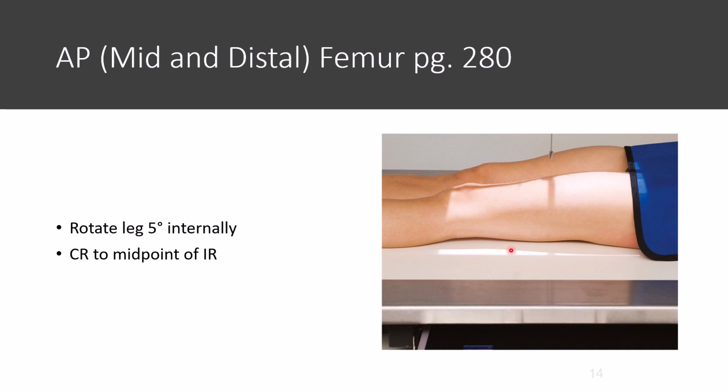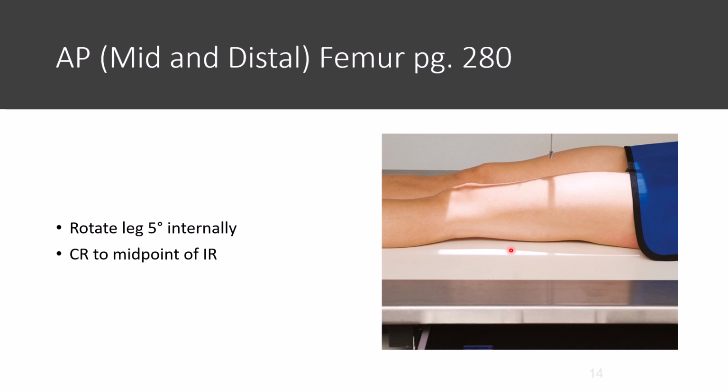You're on a 14 by 17 collimated field. The patient is lying supine with the femur of interest ideally in the center of the table. You rotate the patient's leg internally about 5 degrees for a true AP, just like when we're doing an AP knee.